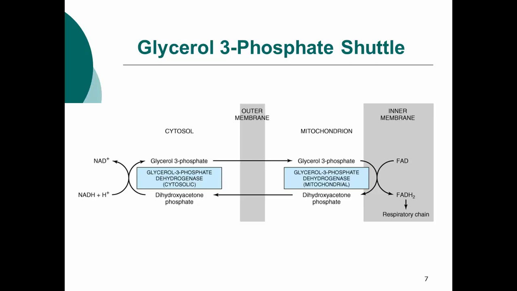So that's why in some types of cells, the NADH produced in glycolysis only produces 2 ATPs eventually. Right? That makes sense?